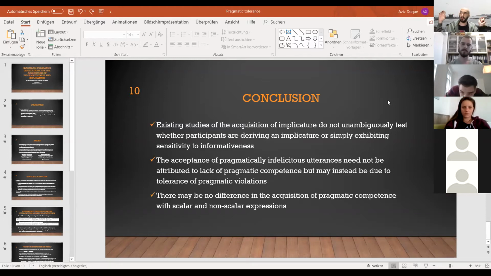It was just the wrong experiments that we did in the old studies, right? Maybe if we give them some facilitation, they're going to be able to do this fancy thing. And then Joanna is going to talk about the Gualmini paper, very interesting about, again, scope ambiguity in child language. So it's always going to be a topic of whether children are actually able or not to derive this interpretation.